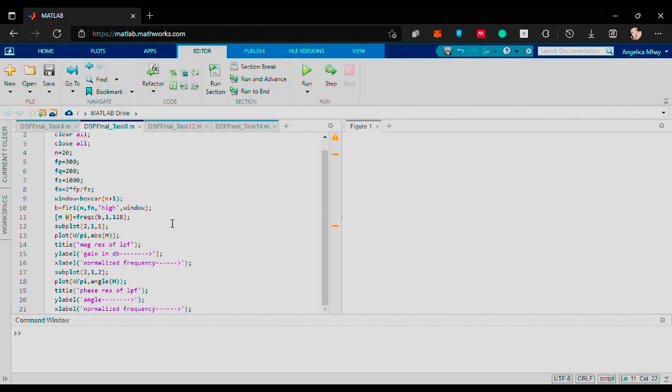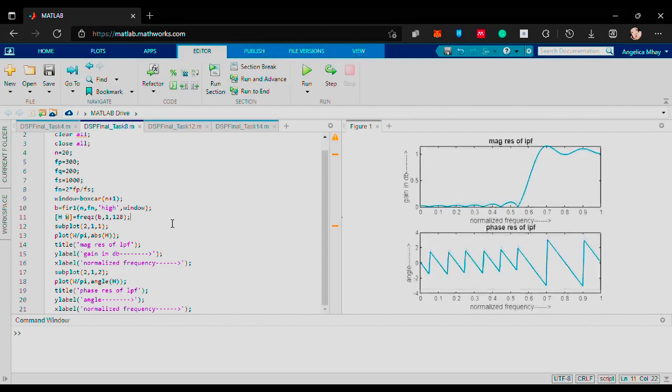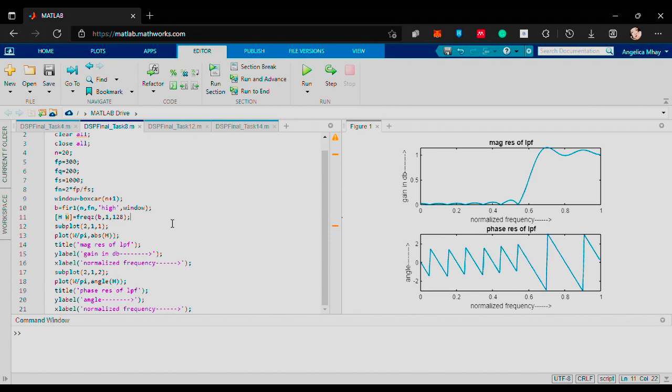There's no input number that the user has to enter, just in the code. So this is the output for the rectangular window, from 0 to 0.5 up to 1.